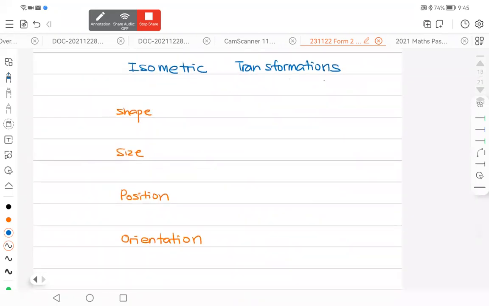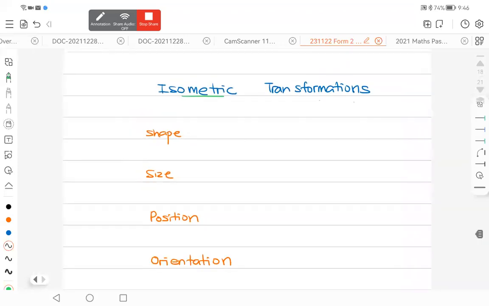Isometric transformation. Okay, last 3 chapters already. Isometric transformation. Transformation means movement. Isometric, what does isometric refer to?